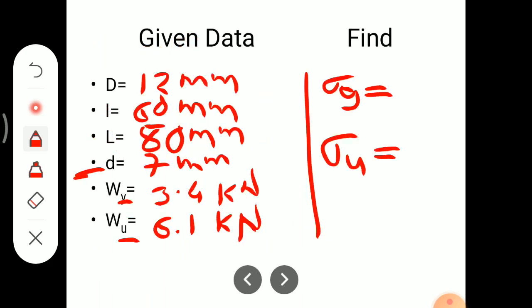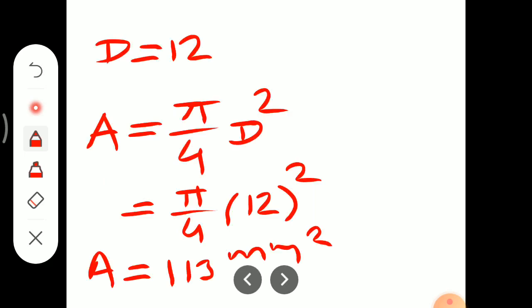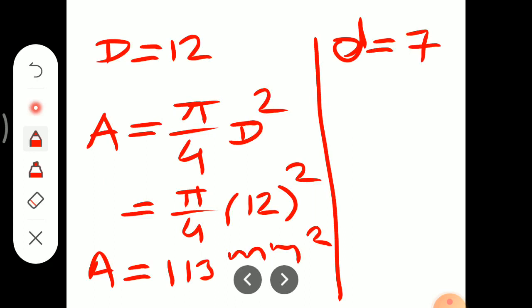Then the second one is the final area of the rod. Here we have the diameter as 7 mm after testing. I will write small d is equal to 7 mm, and by using the same formula you calculate small a.